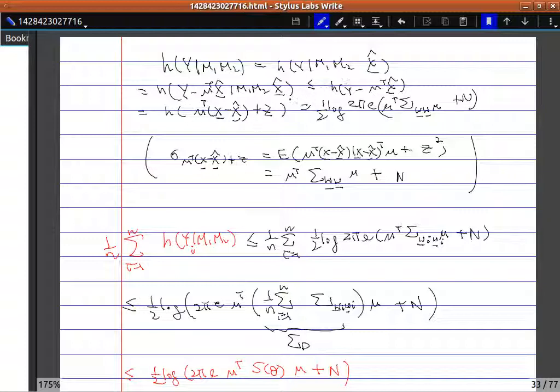And then y is equal to mu transpose x plus c, so if we substitute that, we have this. If we compute the variance of this, it is just equal to this here. Because it's Gaussian, it is just equal to 1/2 log of 2 pi e times this thing here.